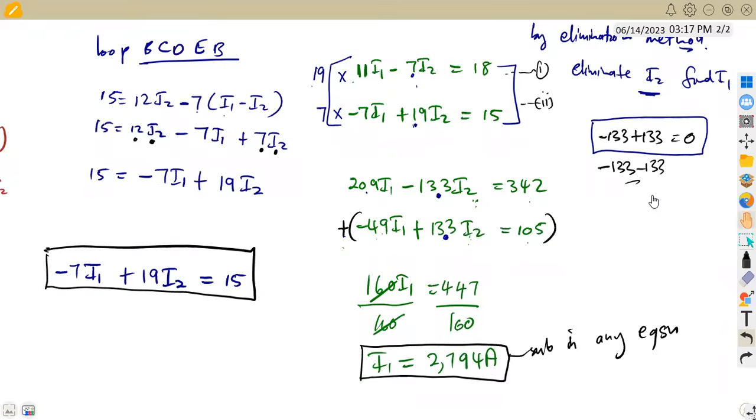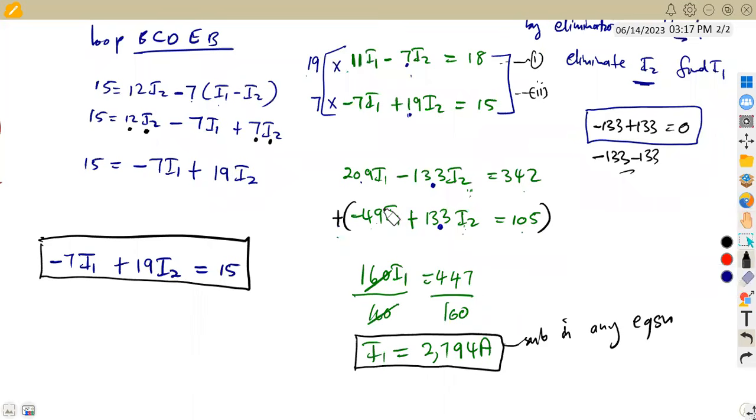So if we substitute the I1 that we got here, we are going to have 11 I1, but I1 is now given as 2.794. So we multiply this, minus 7 I2, is equal to 18.